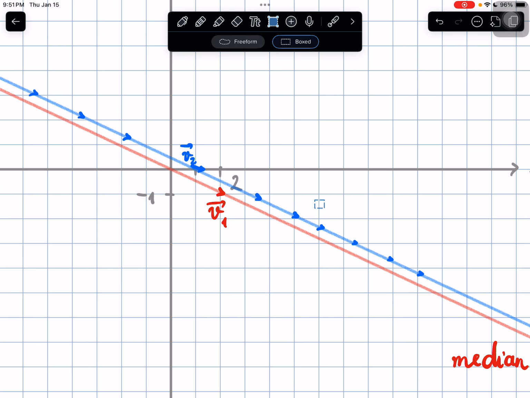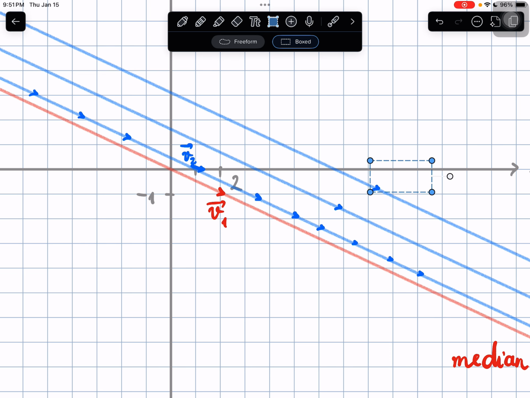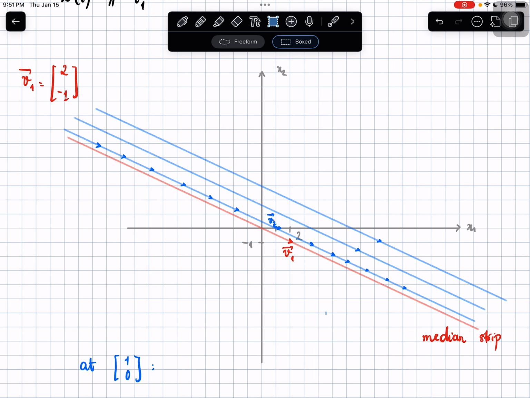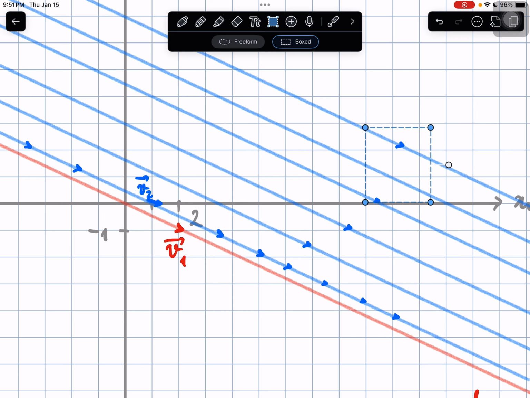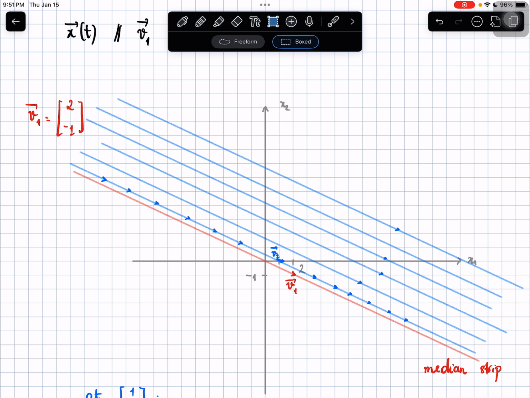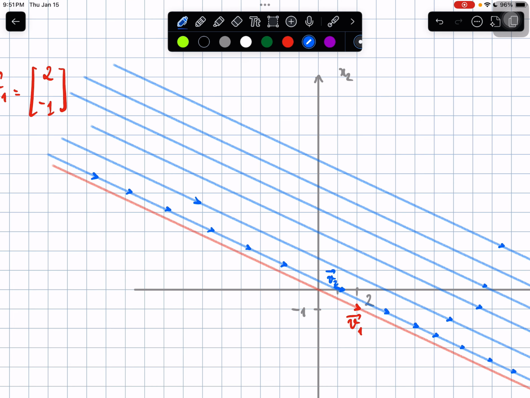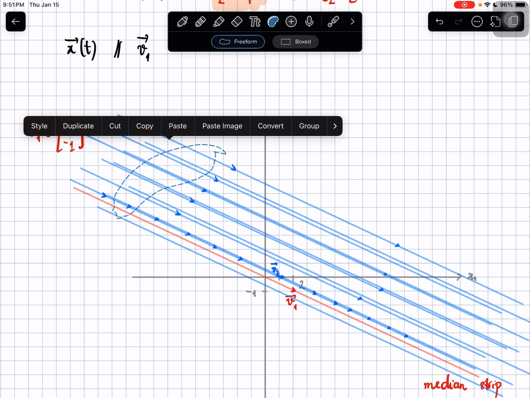So this all goes like this on one side. The other side goes in the opposite direction, still parallel to v1.